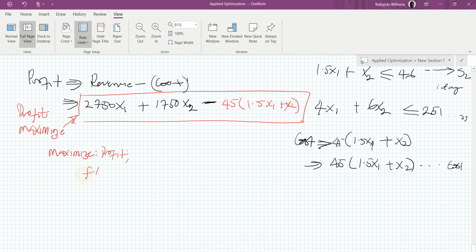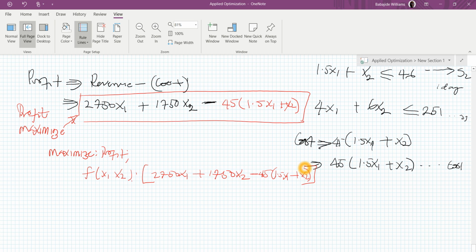I'm going to say f(x1, x2), a function of those two independent variables, equals 2750x1 plus 1750x2 minus 45 times (1.5 x1 plus x2).